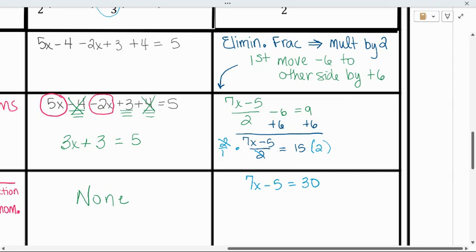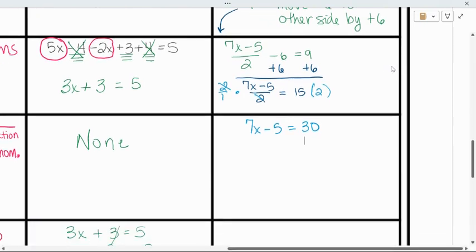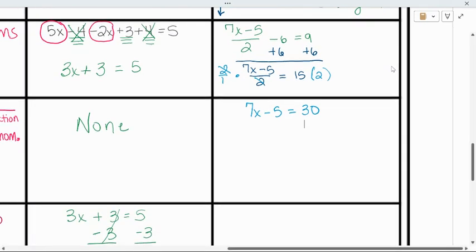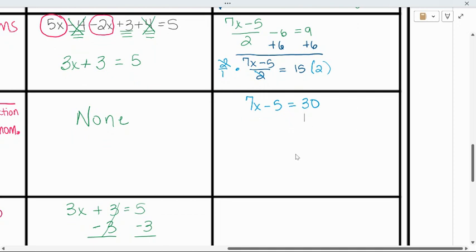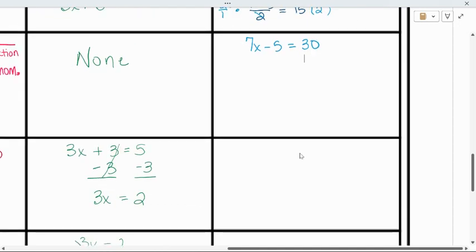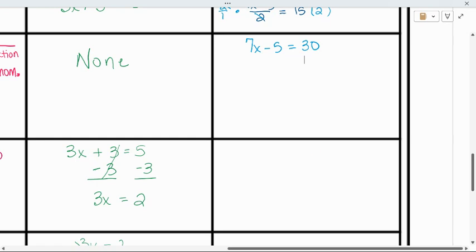So now I'm at that step that says, hey, we want to get that variable all by itself because I don't have variables on both sides. So we want to isolate the variable. So what do I have to move away from the 7x? I have to add 5. Good job. Add 5.